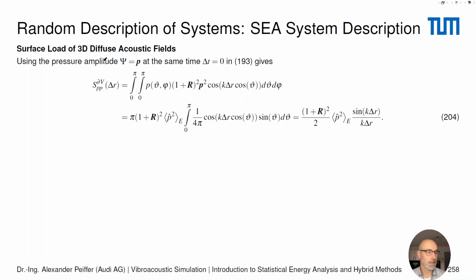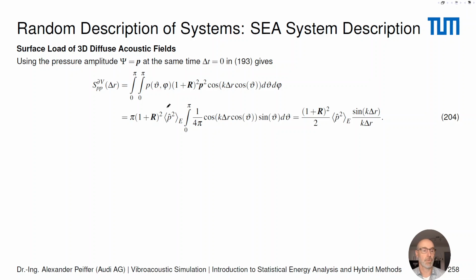So we start, as we are talking about 3D diffuse acoustic fields, we take the three-dimensional formula, which is given by equation 193, and we use the pressure that's representing the amplitude. All our considerations take the same time, so delta t is equal to 0.